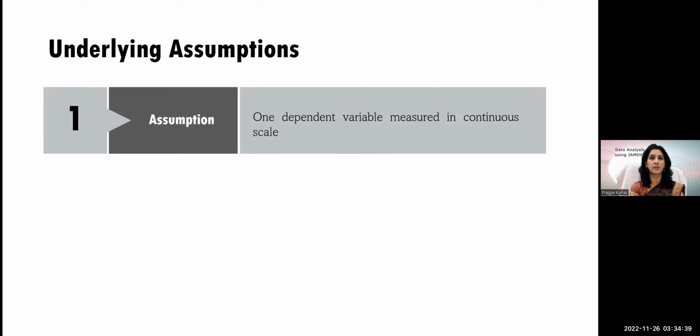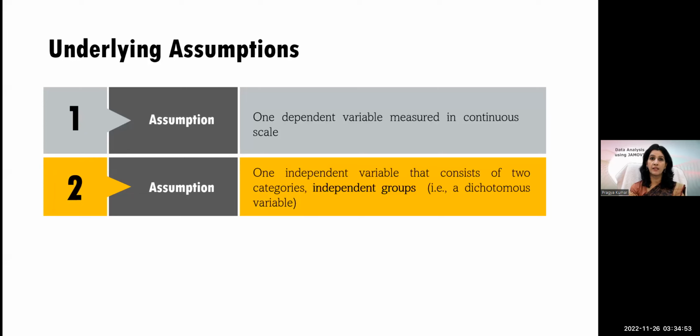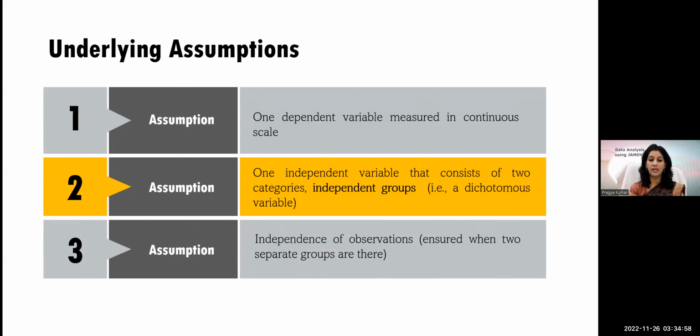So there are some underlying assumptions. The first assumption is that there is one dependent variable which we measure on a continuous scale, as we have learned, like in the example of pain score or BMI or the mean marks. The second is one independent variable that consists of two categories. And the third is the independence of observation. That means there should be two separate groups.